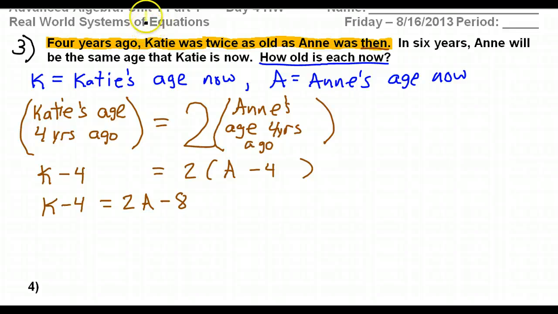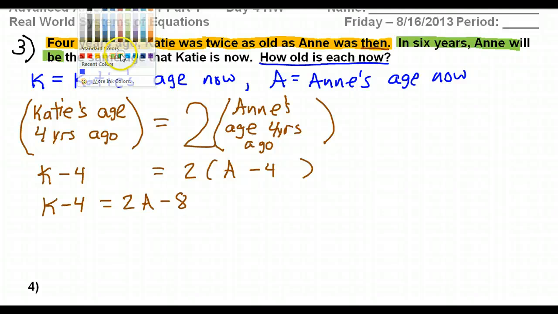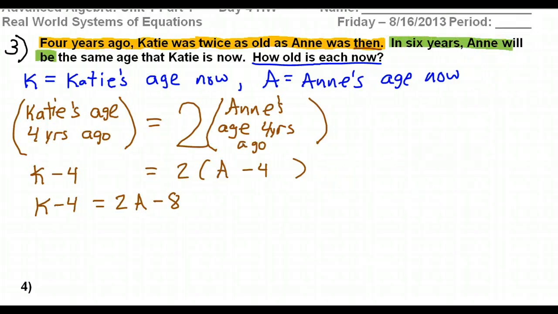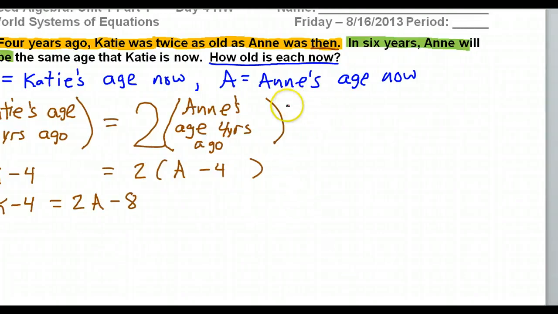In 6 years, Anne will be. Okay, let's talk about that for a second. Alright, I'm going to do this as another word sentence. In 6 years, Anne will be. So suddenly we find ourselves talking about Anne's age. I'll put it down here.